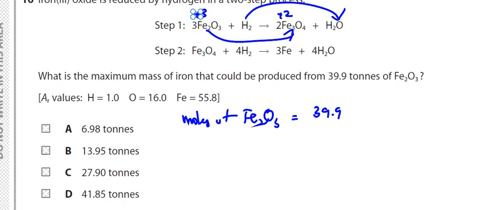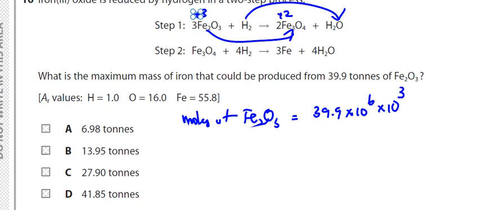Because the final answer is also given in tons, you could continue in tons, but it's usually better to convert and find the moles, because moles is mass in grams over molar mass. So you convert tons into grams by multiplying by 10 to the power 6.